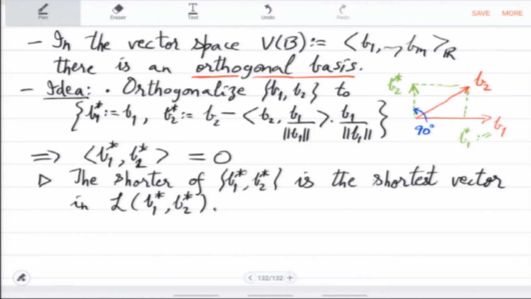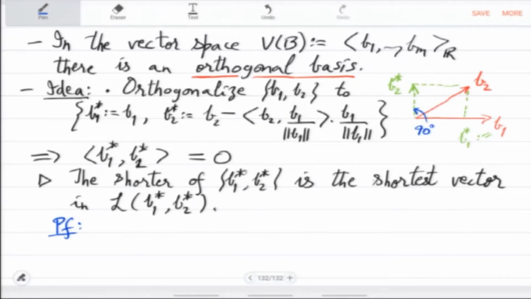Why is that? This is an important point. This is a special case of lattices where the generating set, or the basis, is orthogonal. In that case the SVP problem is very simple. You just look at the shortest basis vector. That will be the SVP. That will be the shortest vector in the lattice.